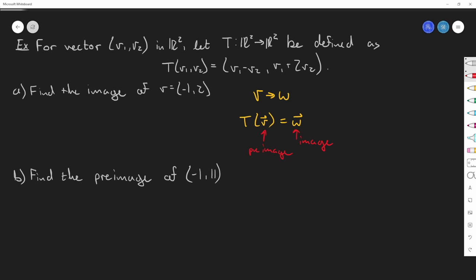The pre-image is kind of like the schematics, and we use that to get the actual final product, which would be our W, or the image. Before image, pre-image.